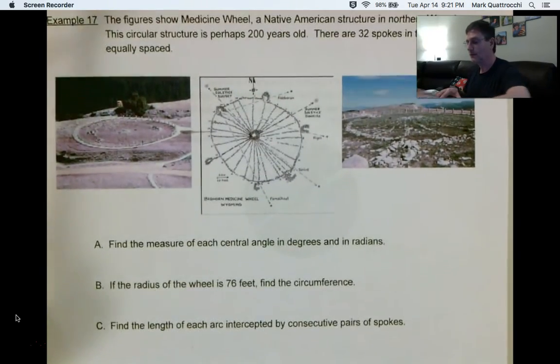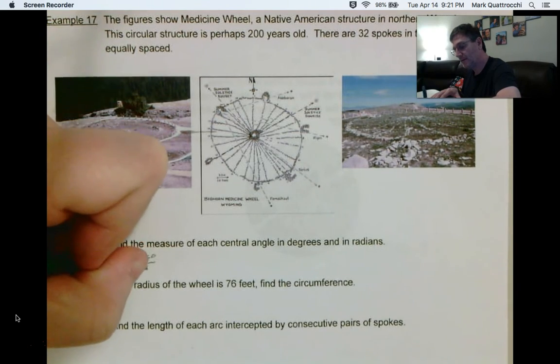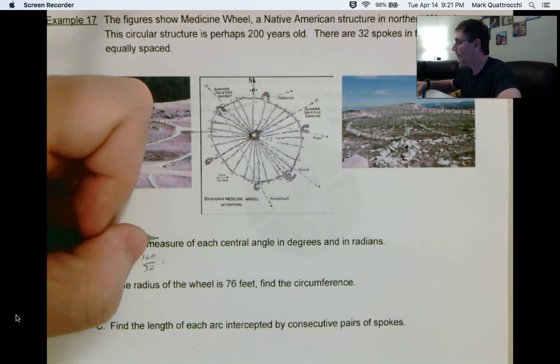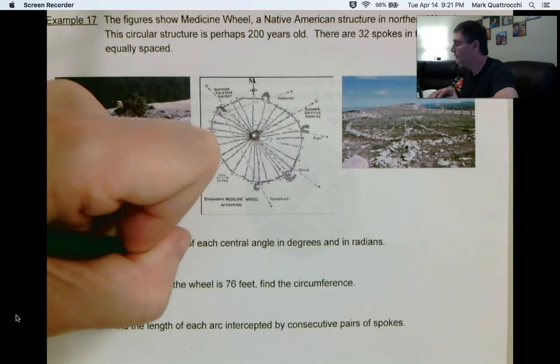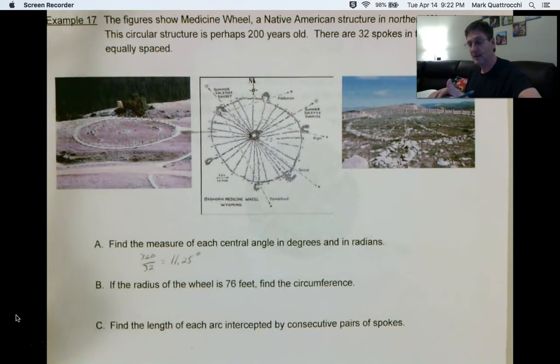So how do we do that? Well, 360 divided by 32 equals 11.25 degrees.